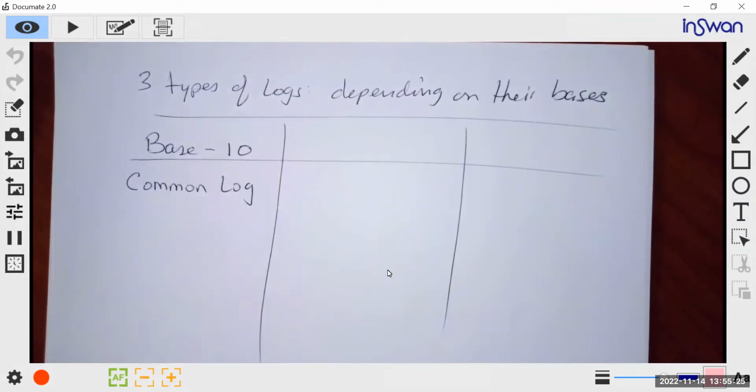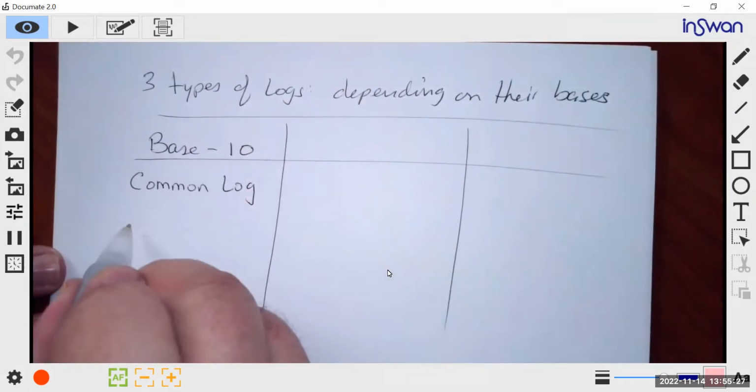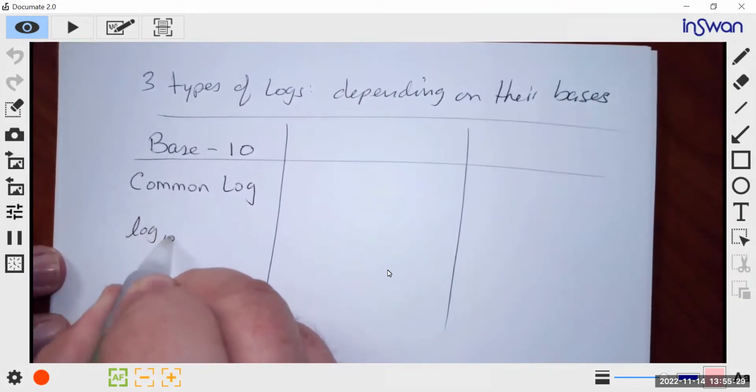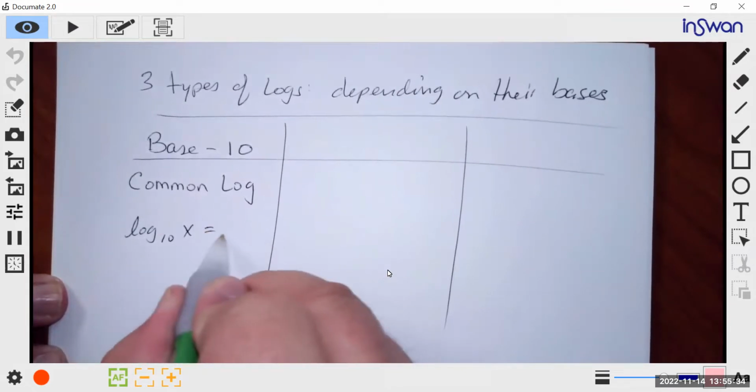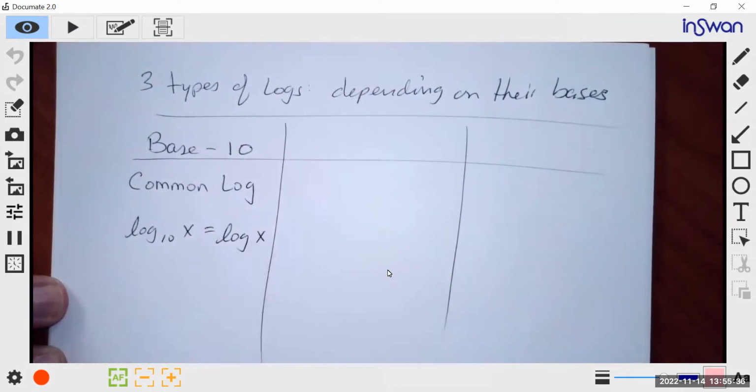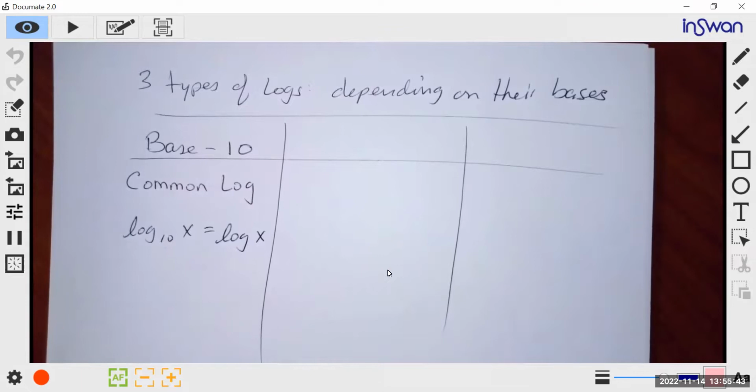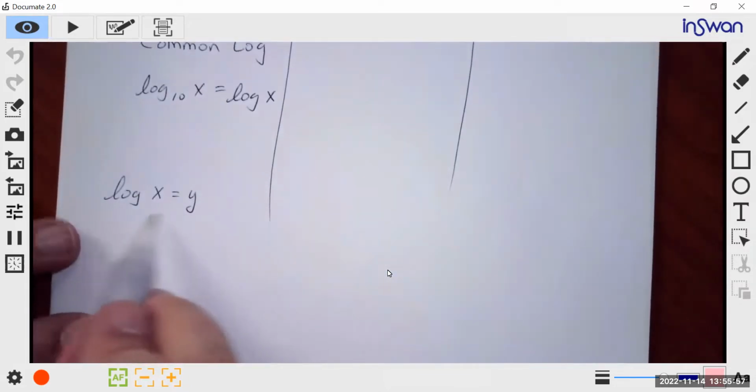So whenever we have a base 10, you don't have to write it. If you have a base 10, you don't have to put it down there, because it's common, that's standard. So if you see an equation like we were doing, how would you put that into exponential terms?